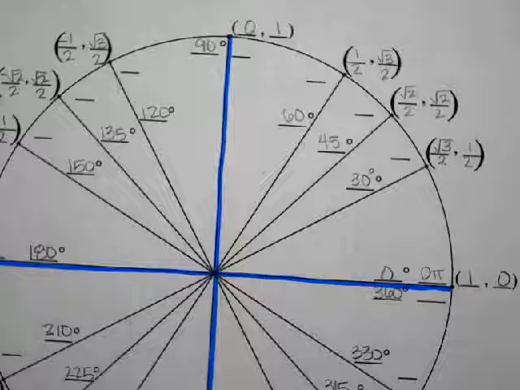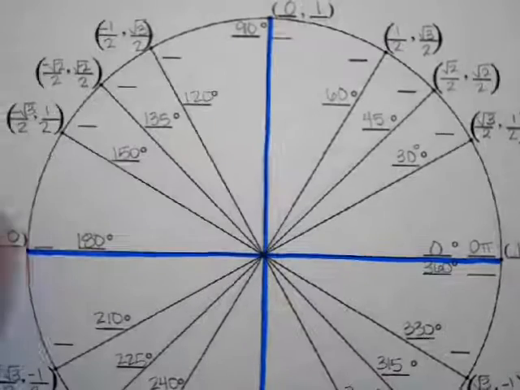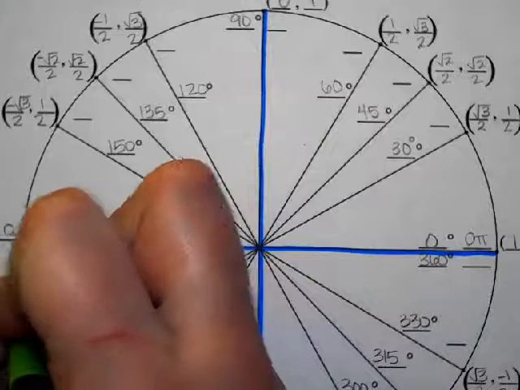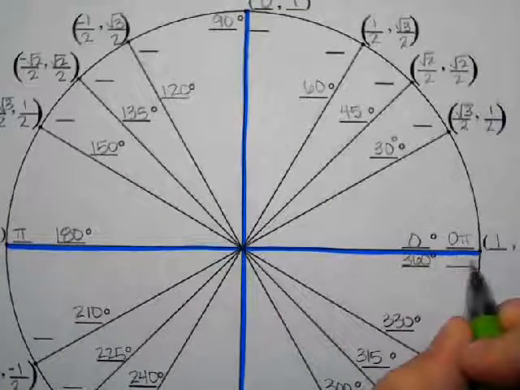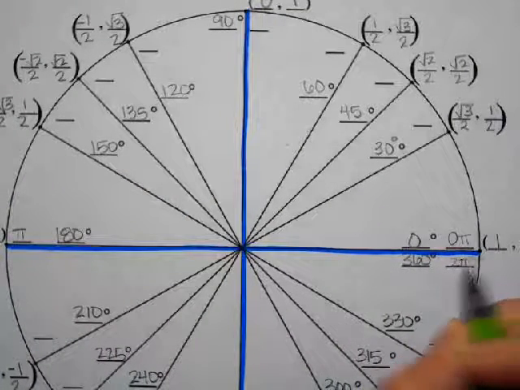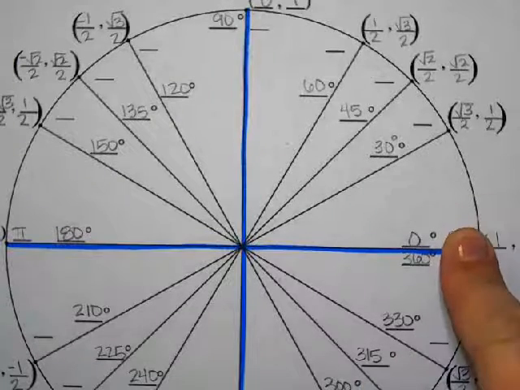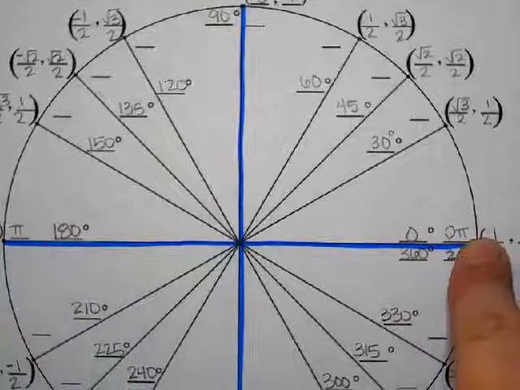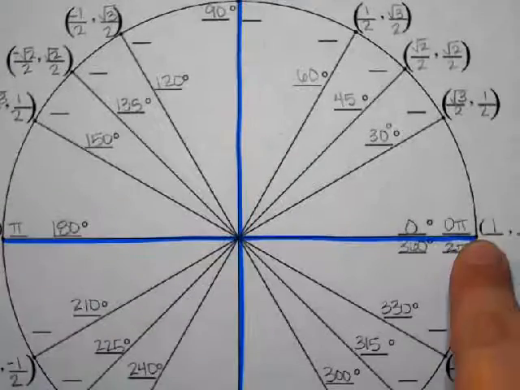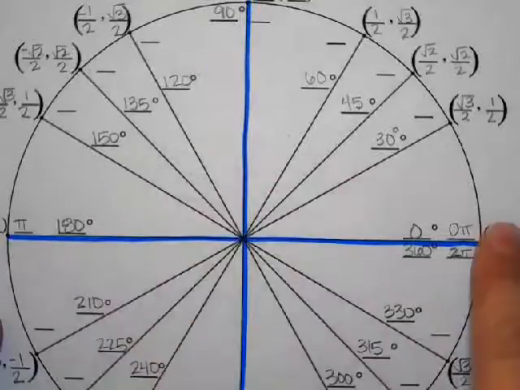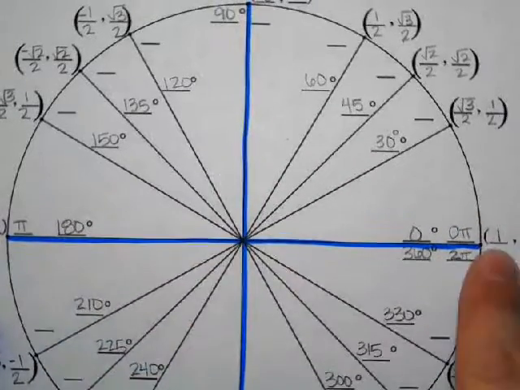So I've got 0 pi, 1 pi, and then 2 pi. 0, 1, 2. And you could keep going, 3, 4, 5, all the way to 20 pi. That's how coterminal angles work. You can make a dance out of it.